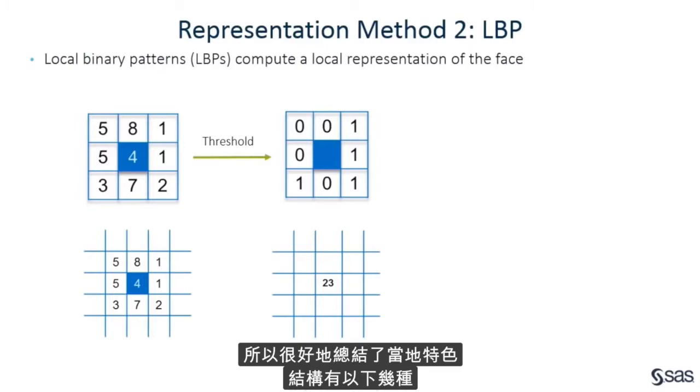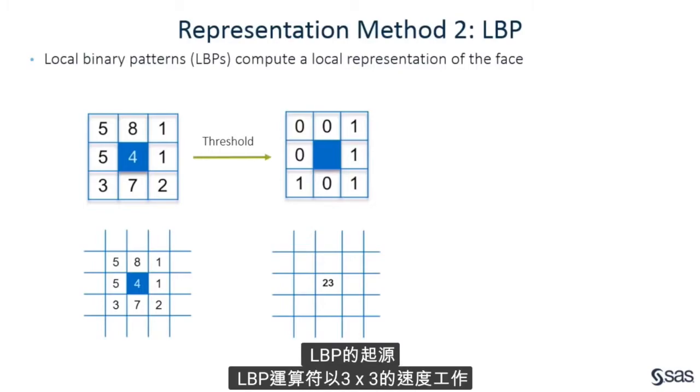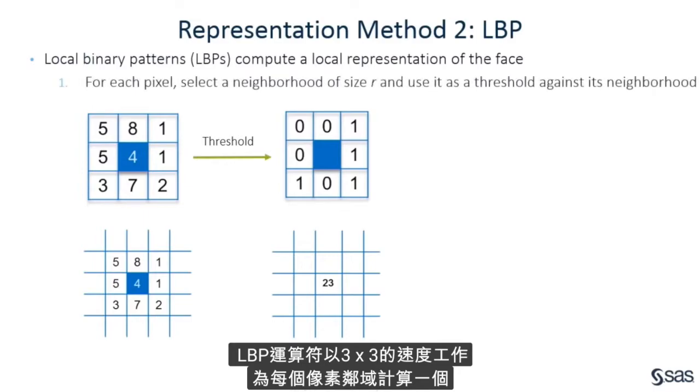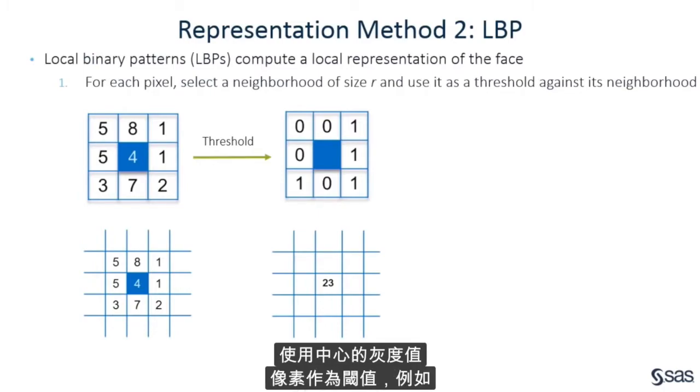There are several variants of LBP. The original LBP operator works in a 3x3 neighborhood. For each pixel, calculate a binary transformation of its neighbors using the grayscale value of the center pixel as threshold. For example, if a neighbor pixel has a value higher than or the same as the center pixel, it is 1.